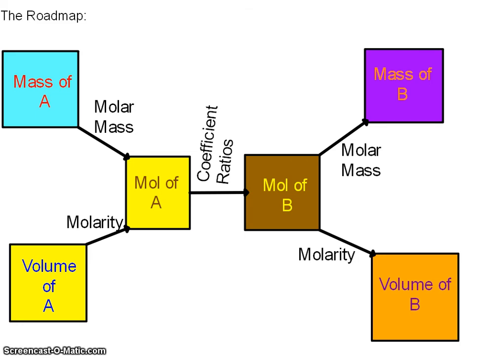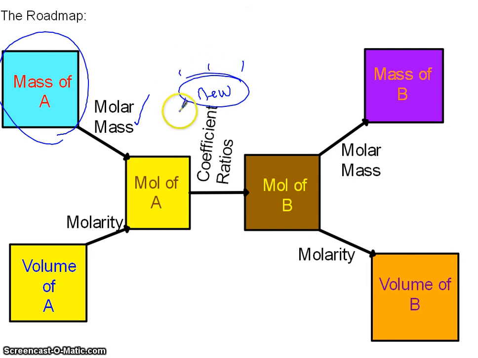So we're going to be using this roadmap and showing you, like, here's what we're going to be doing. So going from, let's take, for example, we're starting and we know the mass of one substance. So if you're starting with mass of A, you can go to moles of A using the molar mass and check. That's something we've had to do before. Once you have the moles of A, you can use the coefficient ratios from the formula, and this is basically the part that's really new, okay, for this, to go to moles of a different substance.